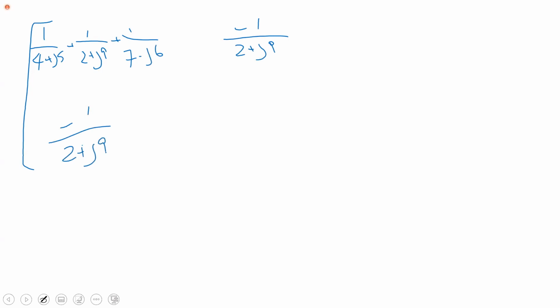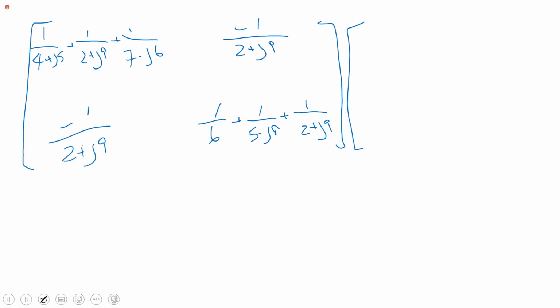And here you'd have 1 over 6 plus 1 over 5 minus J8 plus 1 over 2 plus J9. All right. And you're multiplying this by V1, V2.